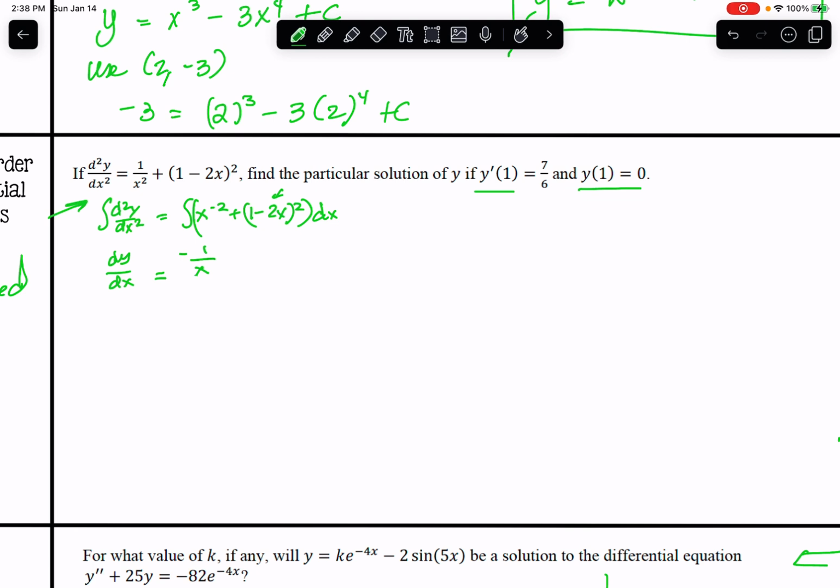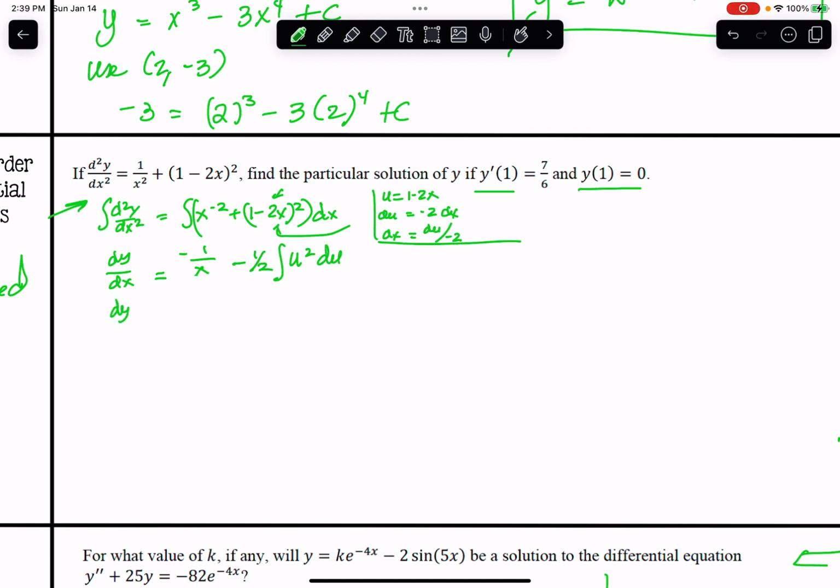And then, we don't know what's happening here. So let's go and make our u substitution. So u equals 1 minus 2x. So du is negative 2 dx. So dx is du over negative 2. So we have a minus 1/2, okay? Let's do this integral. We still have the integral of u squared du.